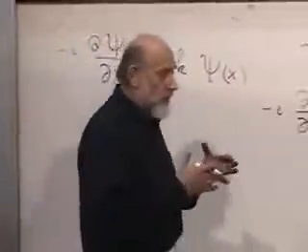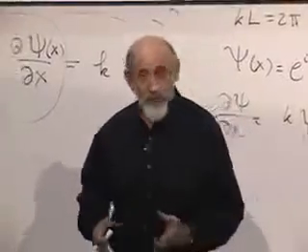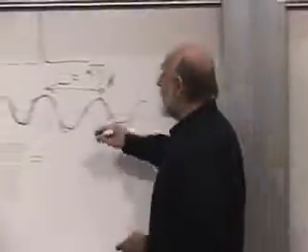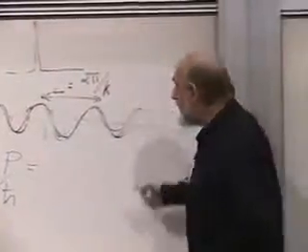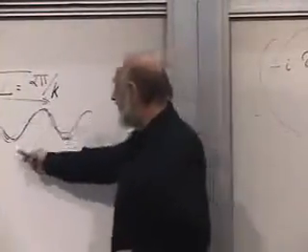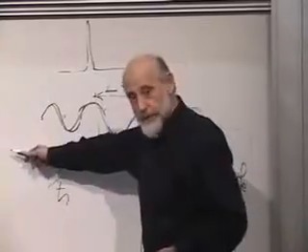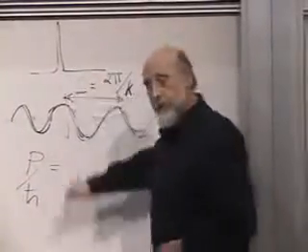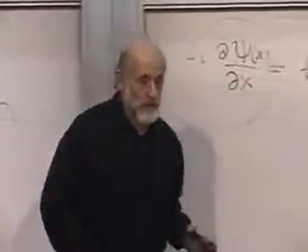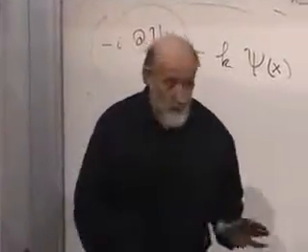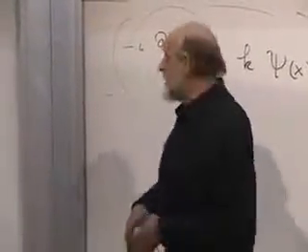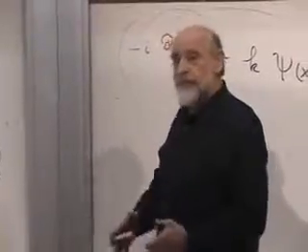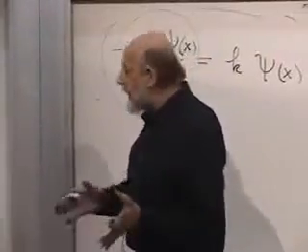If you know the position of a particle, that's equivalent to saying that its wave function is peaked like that. If you know the momentum of a particle, it means that the wave function is spread out all over the place. It can't be both. And that, of course, is the source of the uncertainty principle, which we're not going to do tonight. It's an example of incompatible quantities.